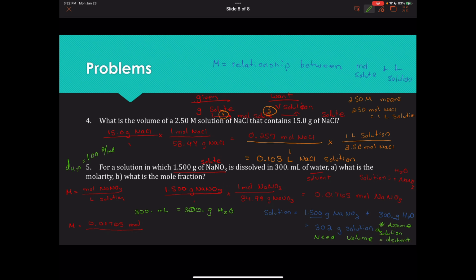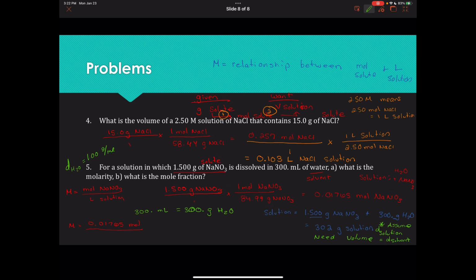We can't always assume that. More concentrated solutions, that solute presence is going to impact the density. But if it's a small concentration, which we're assuming here based on comparing the masses, we can assume that the solution density is the same as the solvent density.